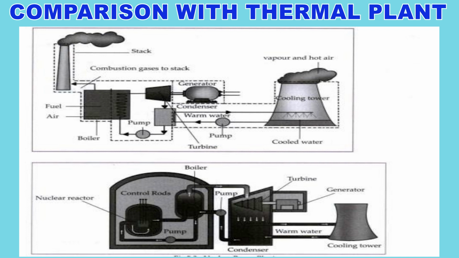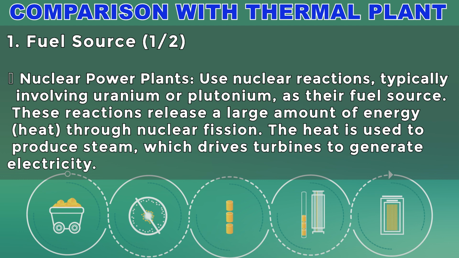First comparison point is fuel source. Nuclear power plants use nuclear reactions, typically involving uranium or plutonium, as their fuel source. These reactions release a large amount of energy, that is heat, through nuclear fission.